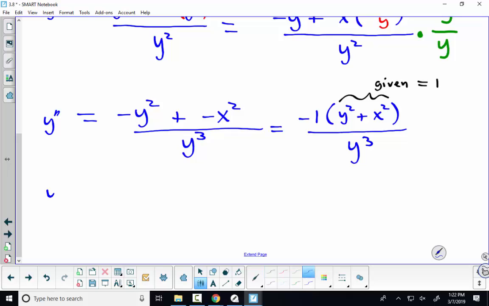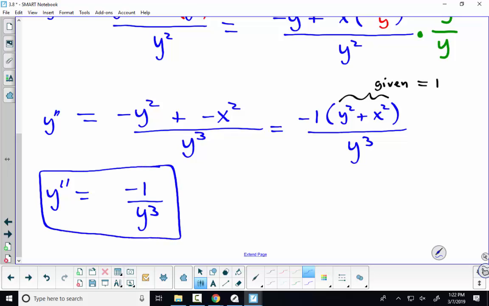So really, y double prime is negative 1 over y cubed, which is much simpler than anything we got as a representation for the second derivative.